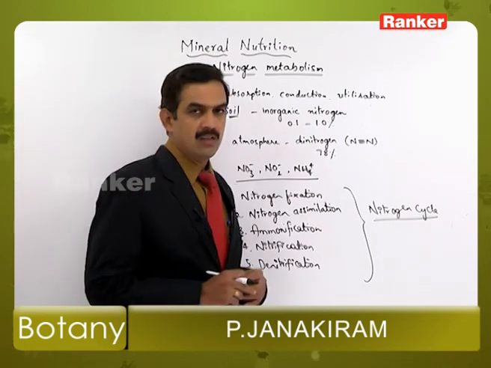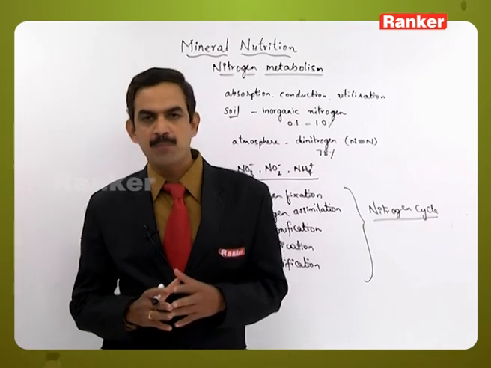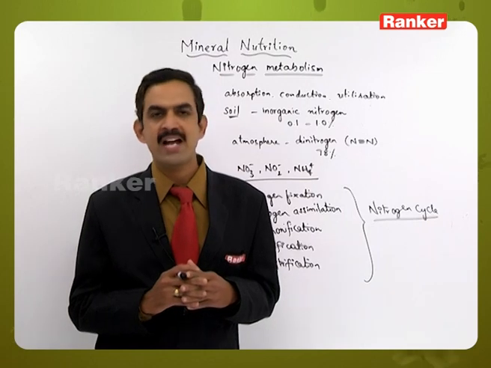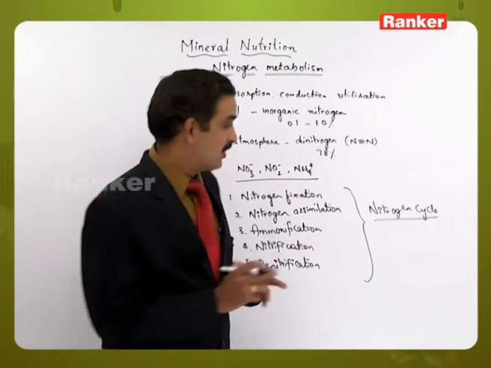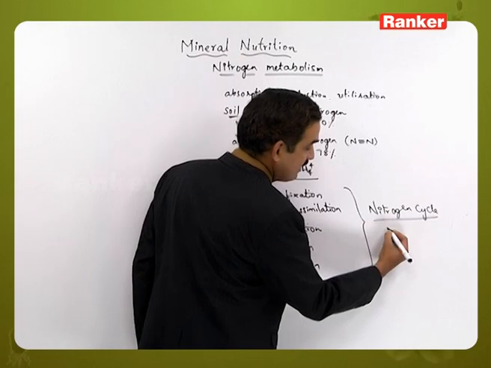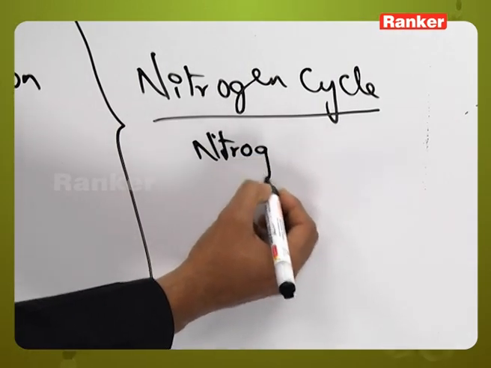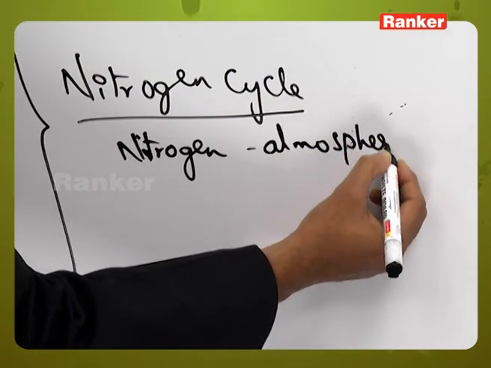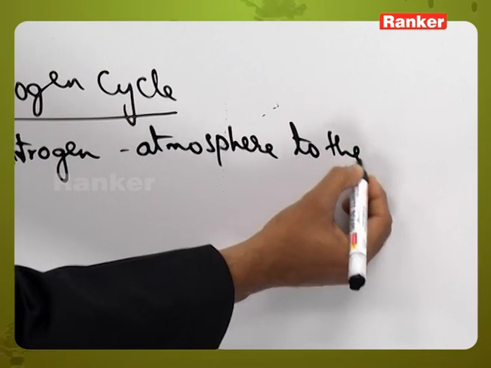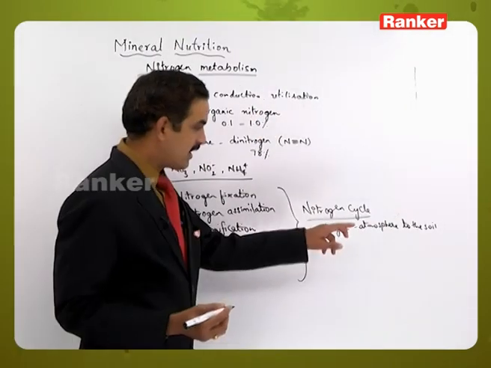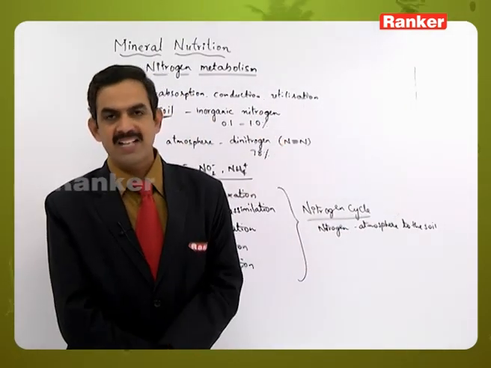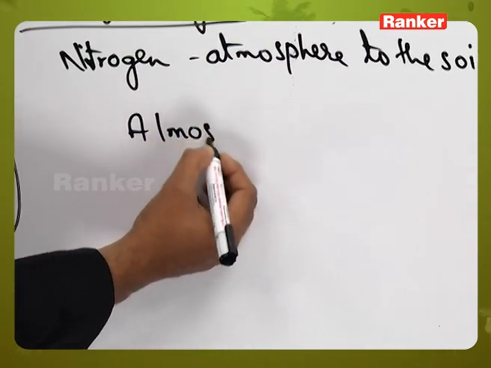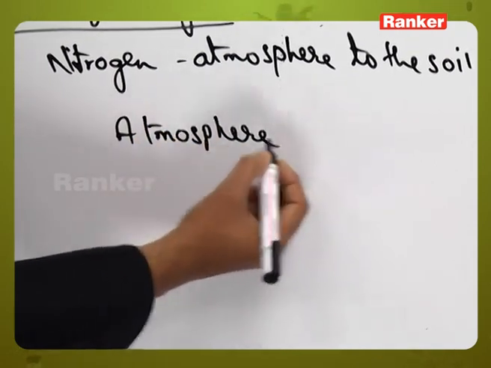There are a few organisms, prokaryotic or microscopic organisms, which have the ability to utilize that molecular nitrogen. So in the nitrogen cycle, the nitrogen is taken from the atmosphere to the soil, and from the soil it is transferred once again to the atmosphere.